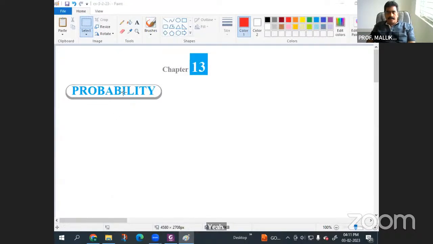So today our concept is Bayes theorem. Total probability. What is meant by total probability?